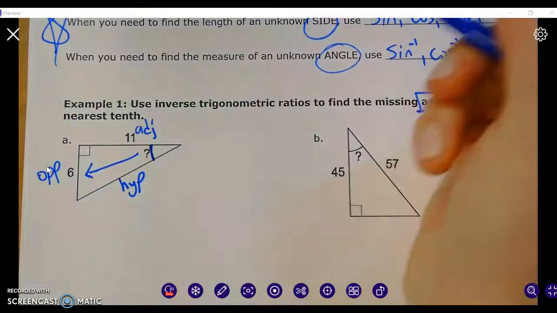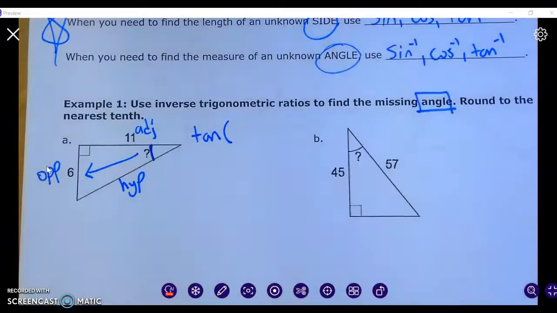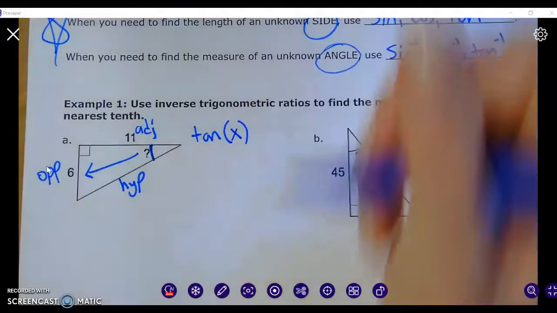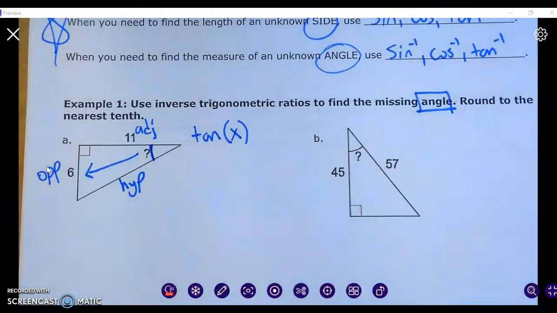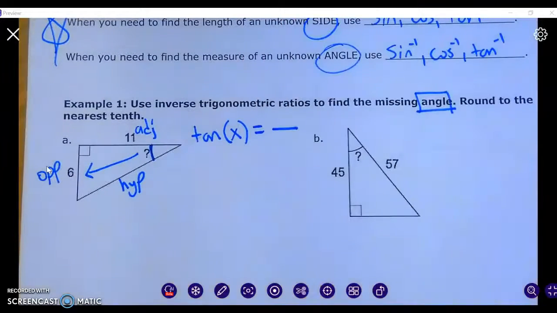Okay, so we're going to write tan, parenthesis. And then I'm going to change the question mark to X just because question mark is kind of weird to write. And then equals your two sides.